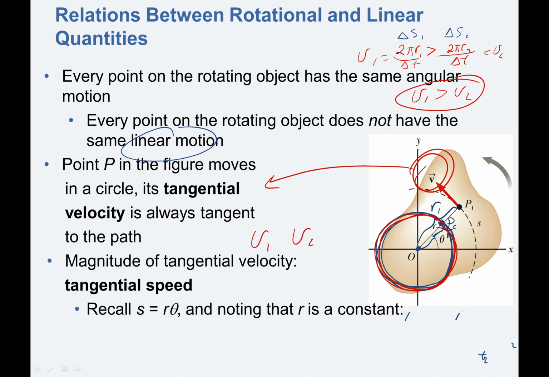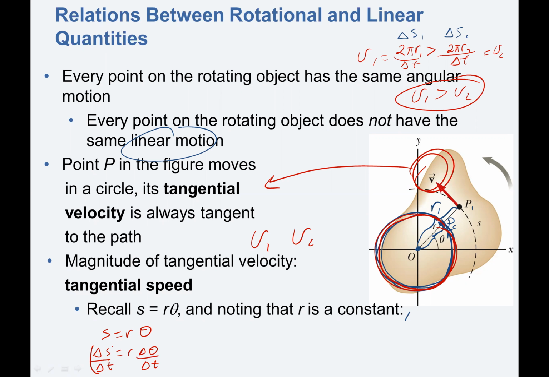So if I'm using this equation, S equals R times theta, then delta S equals R times delta theta means I'm looking at the displacement. But if I then measure the time as well, I'm going to take the left side divided by time and the right side divided by time. That means divide both sides by time.